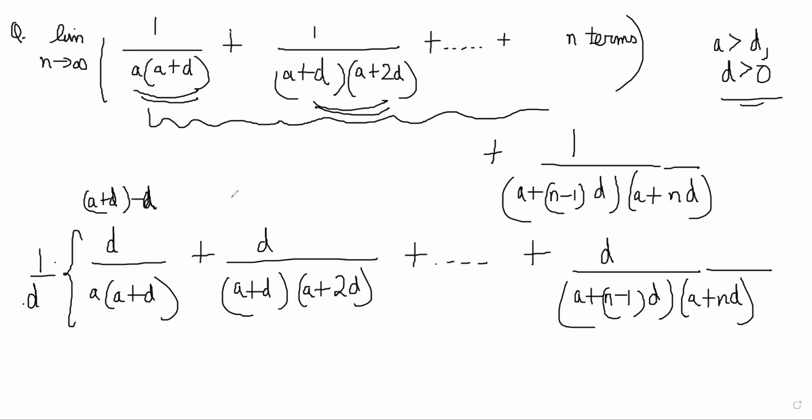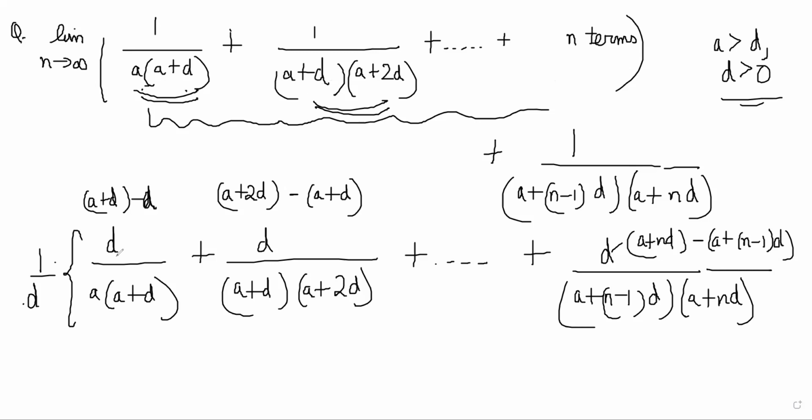Here I will write it as a plus 2d minus a plus d. And here I will write it as a plus nd minus a plus n minus 1 d. Every time it is the same d, no? The reason it is working is because each of the factors in the denominator of every fraction have a difference which is same, which is d.